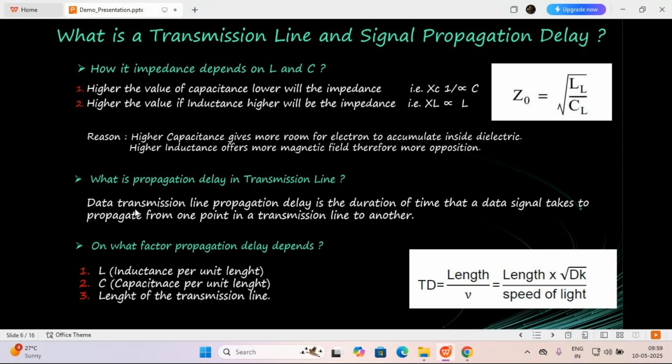If you see a PCB board, we have a few copper layers, then we have an insulator between them to insulate two copper layers. We have multiple copper layers and dielectric layers sandwiched with each other, like copper, dielectric, and like that we make 6 layer, 8 layer, 10 layer, 20 layer boards based on our design requirements. Between the two copper layers we have a dielectric, and that is nothing but acting as a capacitor.